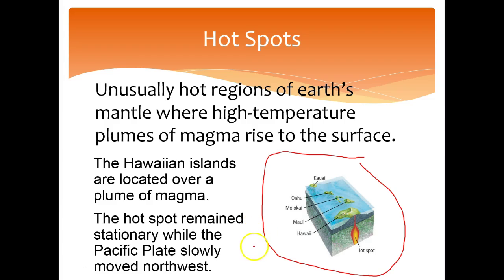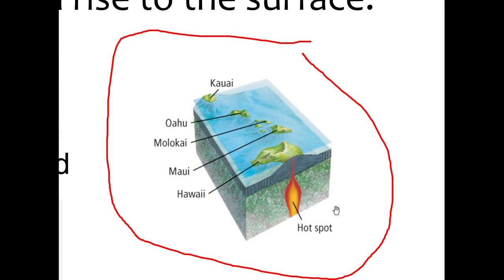So thinking about that and looking at this picture, zoom in a little bit here, this would be your hot spot, your unusually high temperature and plume of magma. So what's happening is this plume is continually bringing magma to the surface, becoming lava, and it's piling on top of each other to create the islands.